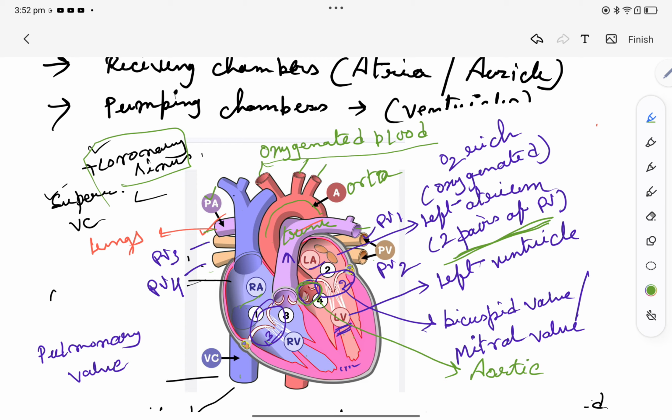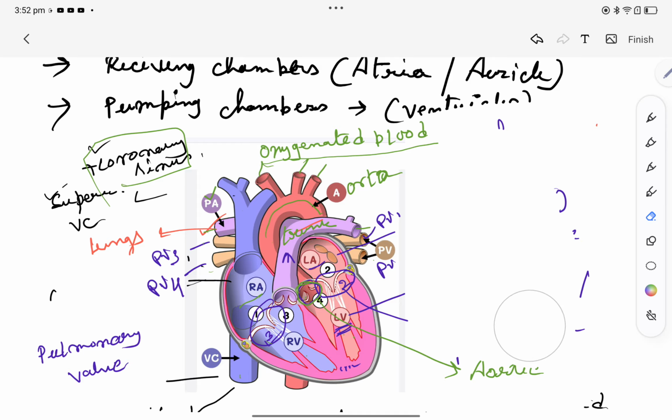One thing I forgot to mention earlier, I'm going to mention it now: our human heart is covered by a protective covering called the pericardium. This is a very important question. All the coverings of different internal organs are important, like the covering of the brain and the covering of the lungs.